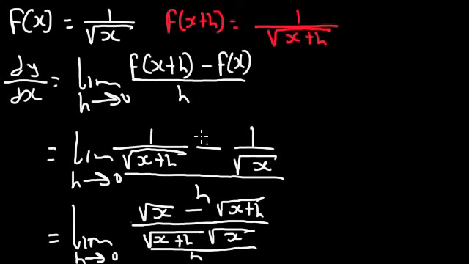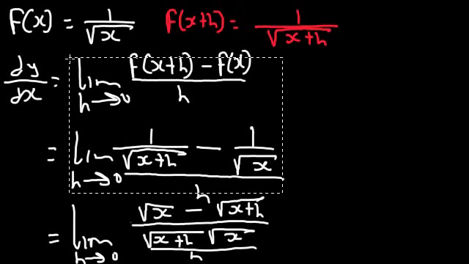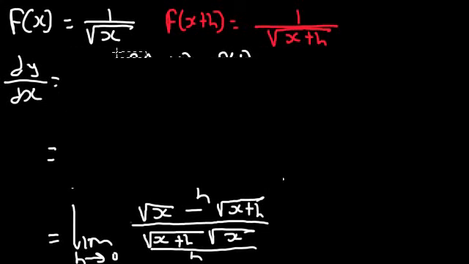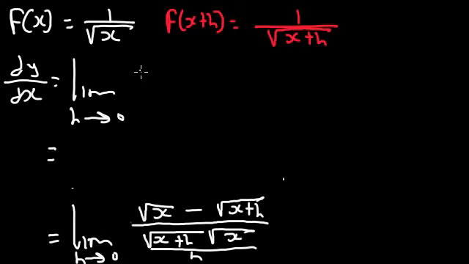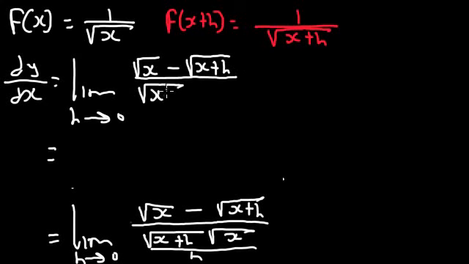entirely. So now we can reciprocate at this point, okay? So let me get rid of this. We don't need it anymore. So now we have dy/dx equals the limit as h approaches 0 of square root of x minus root of x plus h, divided by root of x plus h times root of x.